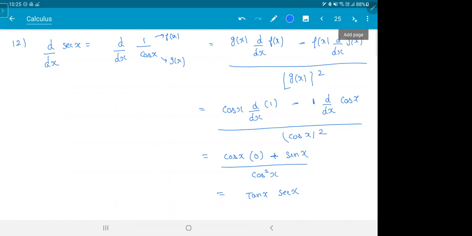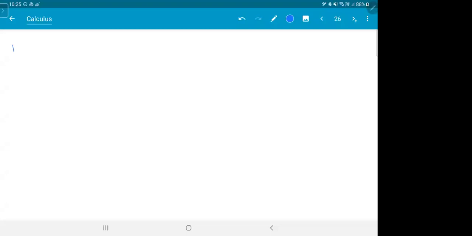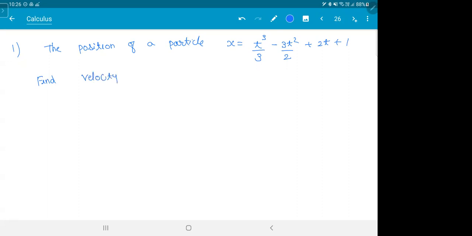Let's see some questions on this. The position of a particle x is given by t cube by 3 minus 3t square by 2 plus 2t plus 1. They'll ask you like this only. Find the velocity and acceleration as function of time.